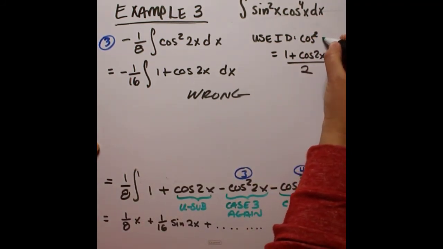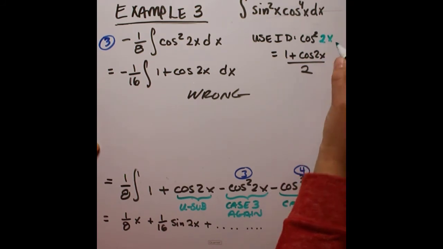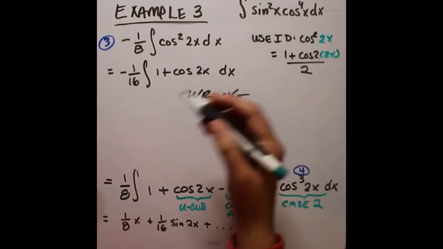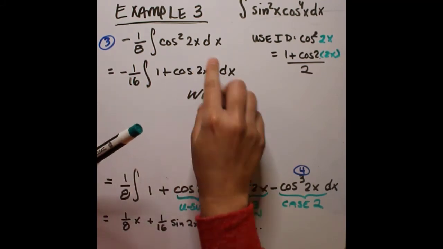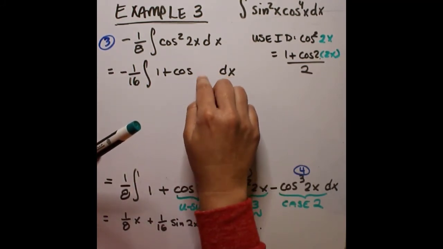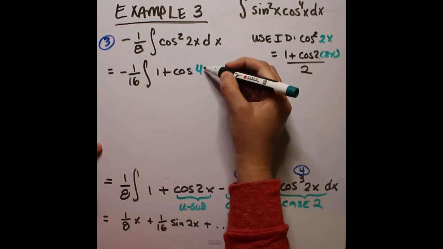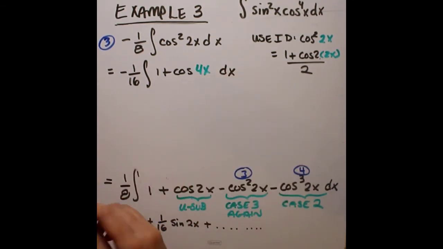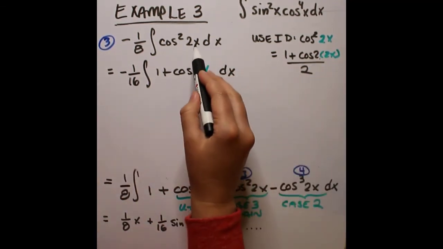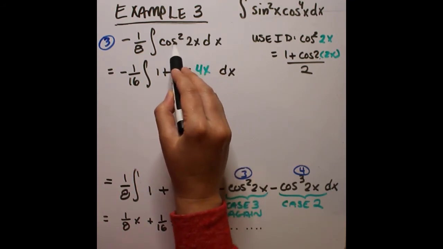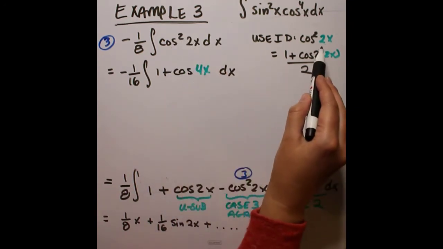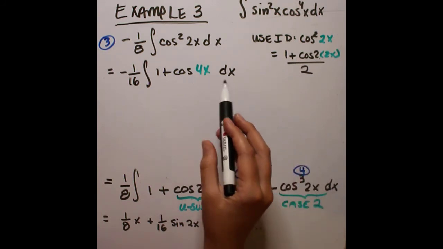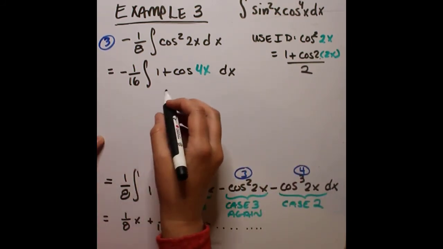Let's see, so this is cosine squared 2x. So where we used to have just an x, I have to put a 2x. So what I really should have here, let's make this right, is a 4x. All right, so that's correct. So be careful, if your argument of your cosine is not just a regular x, adjust for it in your identity formula.